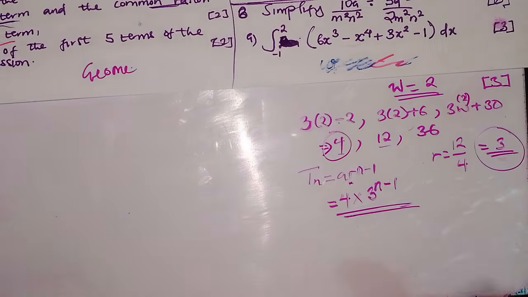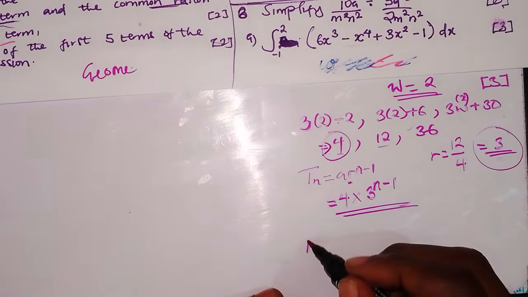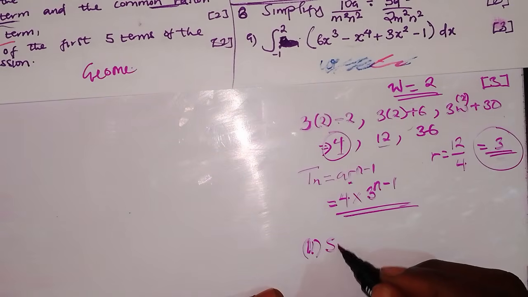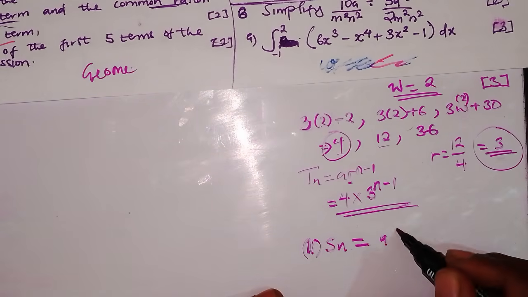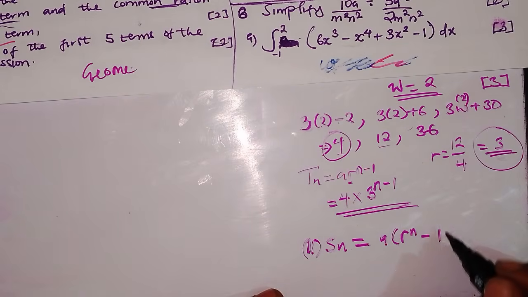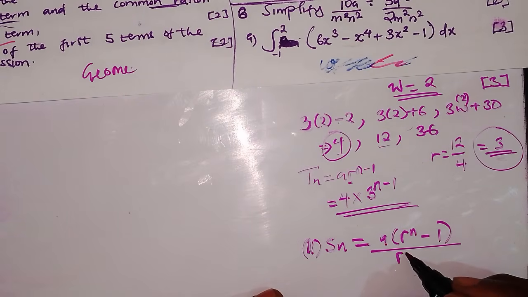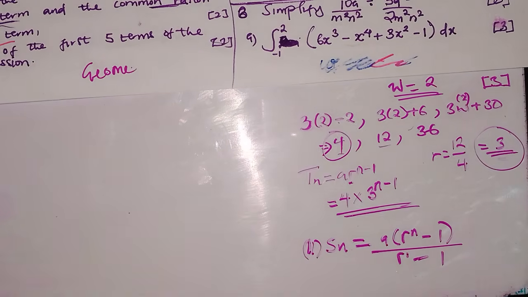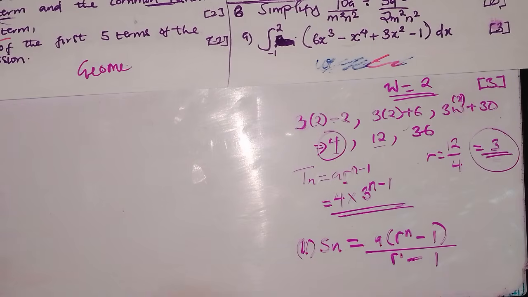So since 3 is greater than 1, the formula to use is this one: the sum is equal to a (R to the n minus 1) over R minus 1. The reason we don't use the other one is that it would give you a negative instead of positive. So be specific and remember, when R is greater than 1, use this. When R is less than 1, use the other one.